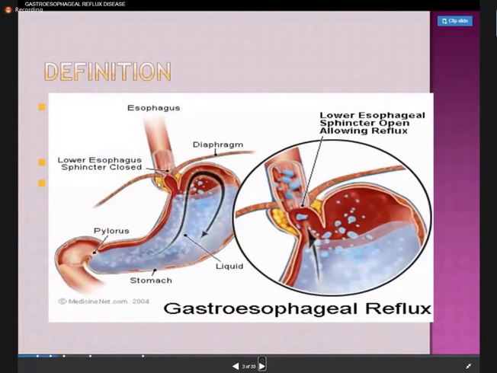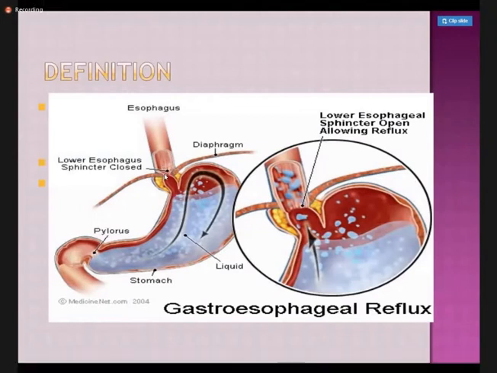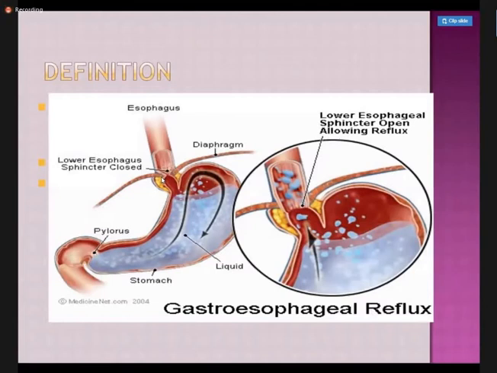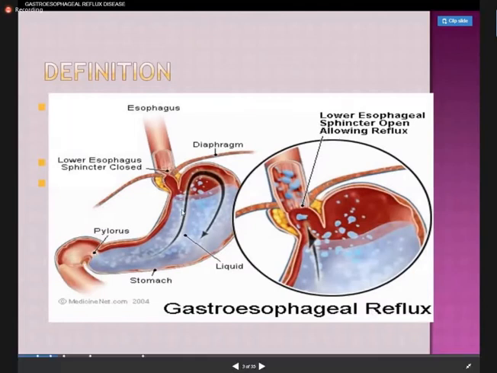The reason and the philosophy behind the lower esophageal sphincter lying at the same place where the crura of the diaphragm meet each other is that when there is increased intrathoracic or intra-abdominal pressure, an abrupt increase in the intra-abdominal pressure, this increased pressure is transmitted to the lower esophageal sphincter, and it works as a one-way physiological valve. So it prevents the gastric contents from flowing out of the stomach into the food pipe, which is the esophagus.